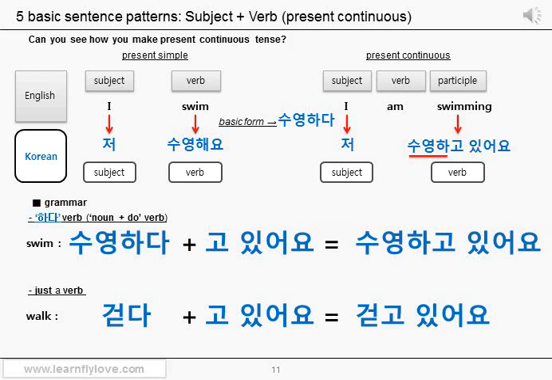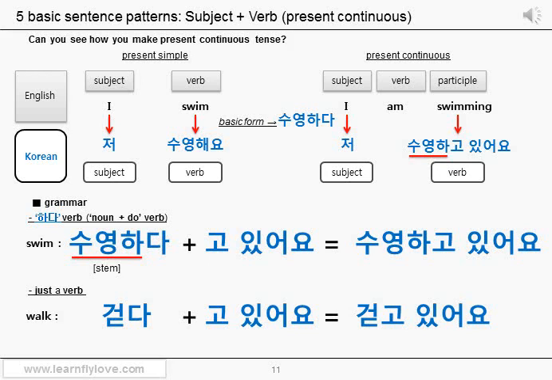Let's see how to make a present continuous form when it's one of the noun plus do verbs, or when it contains 하다 part in the basic form anyway. The basic form of the verb swim is 수영하다. The stem of 수영하다 is 수영하. Remember that. 수영 is not a stem.